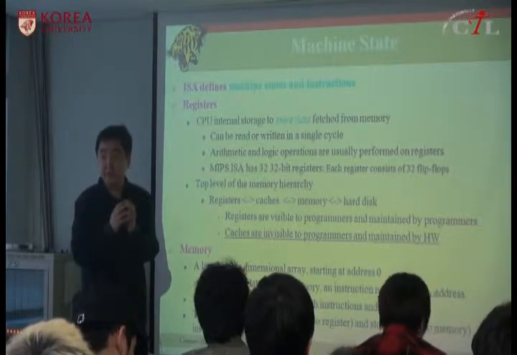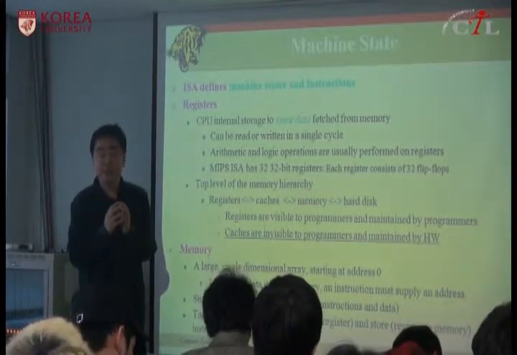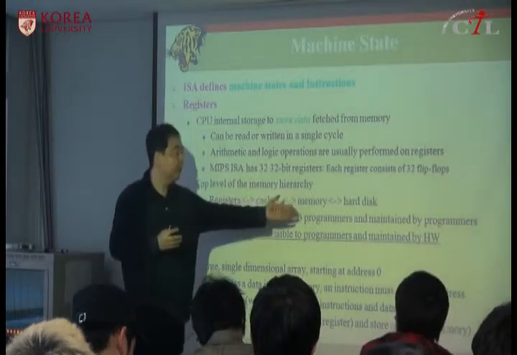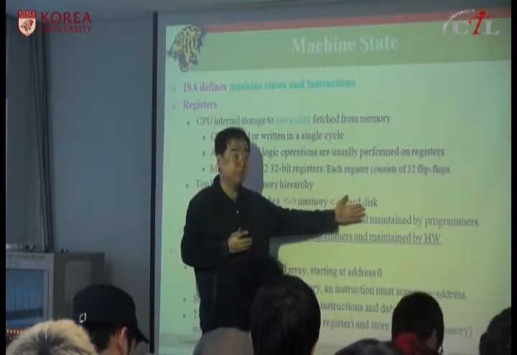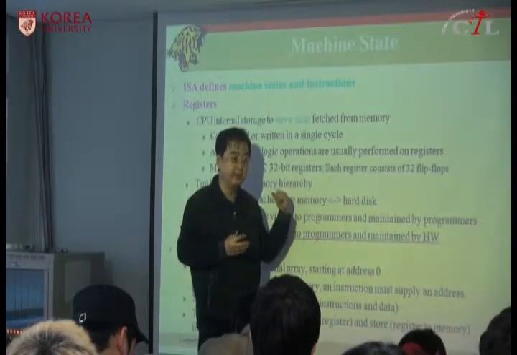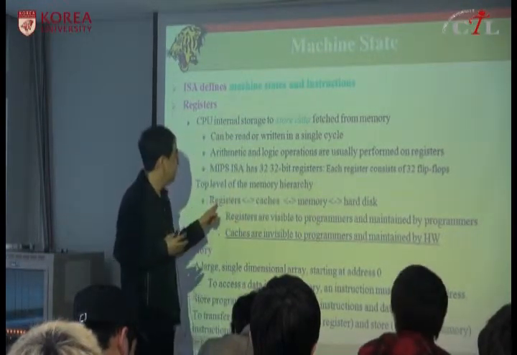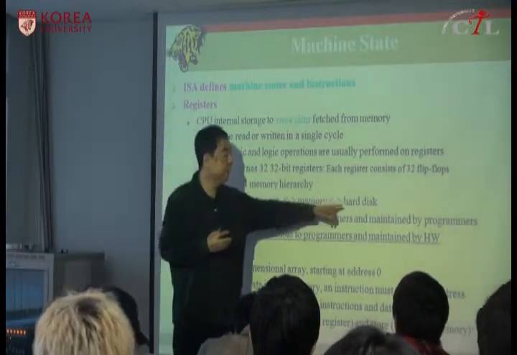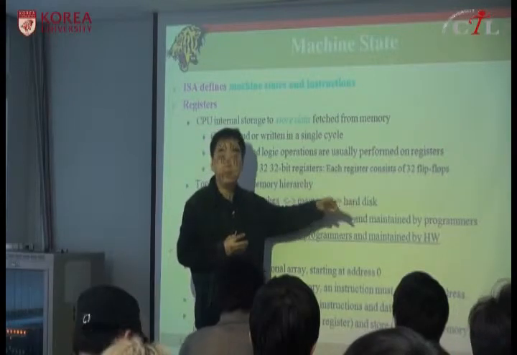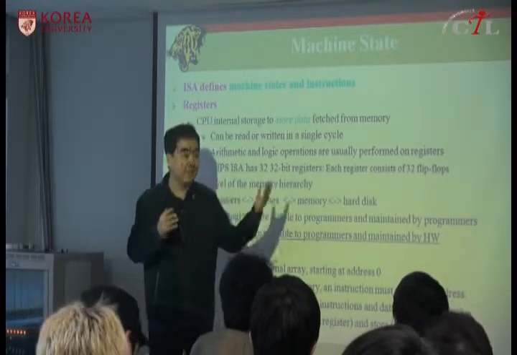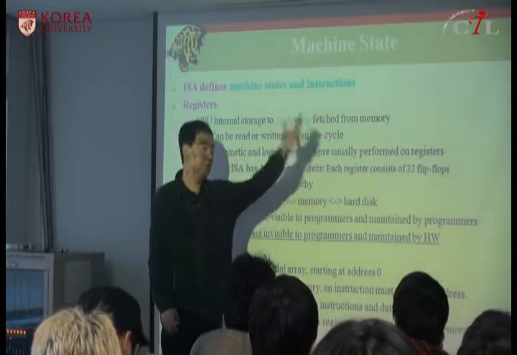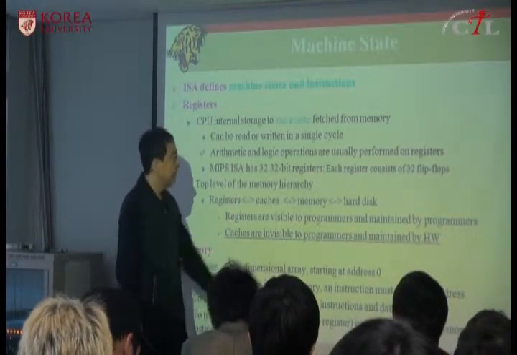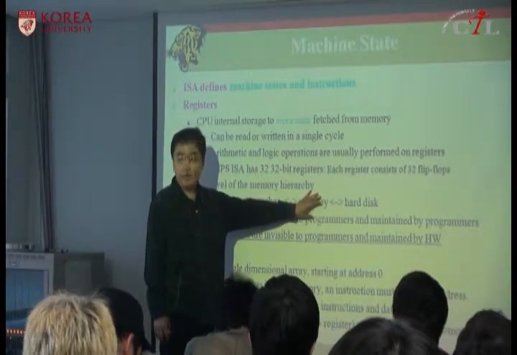Fast memory is usually expensive because each cell is quite big. Slow memory is cheap, but it's very, very slow compared to registers. Reading or writing a register usually takes less than a cycle, but writing or reading to a hard disk takes maybe 10 million CPU cycles or something like that. It takes a long time. Okay? And memory here is DRAM, main memory.